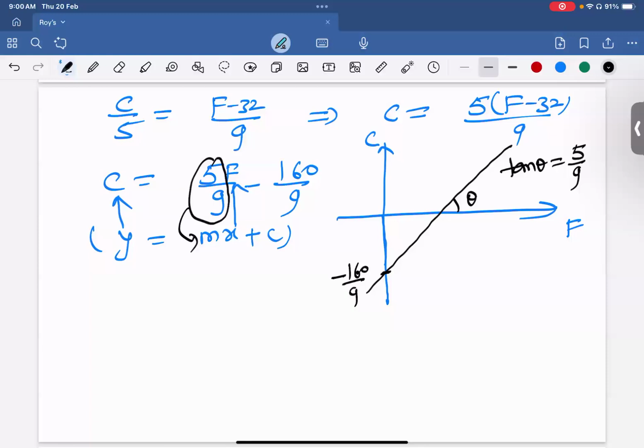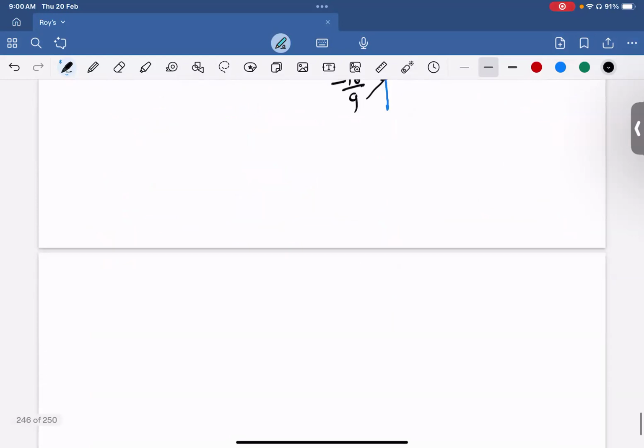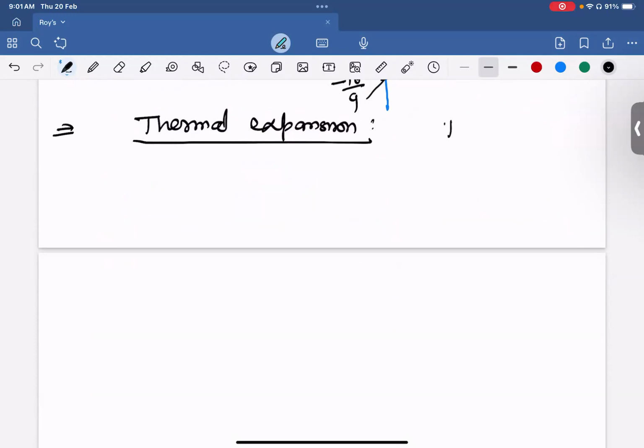After this, we have to understand the concept of thermal expansion. Thermal, as the name suggests, it is basically increase in dimension with temperature.